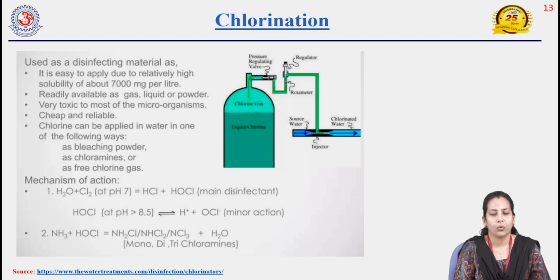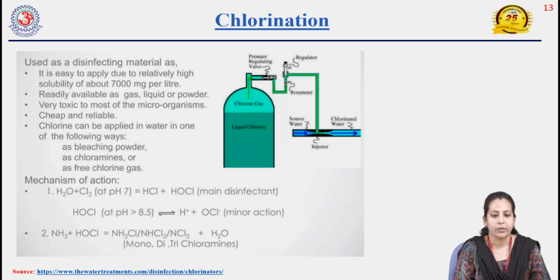Next one is chlorination. This all of you must know, that is adding bleaching powder, adding chloramines and free chlorine gas, a very commonly used disinfection method. The disinfecting material used is chlorine. It is very easy to apply due to its relatively high solubility, about 700 milligram per liter, and it is readily available as a gas, liquid and powder.